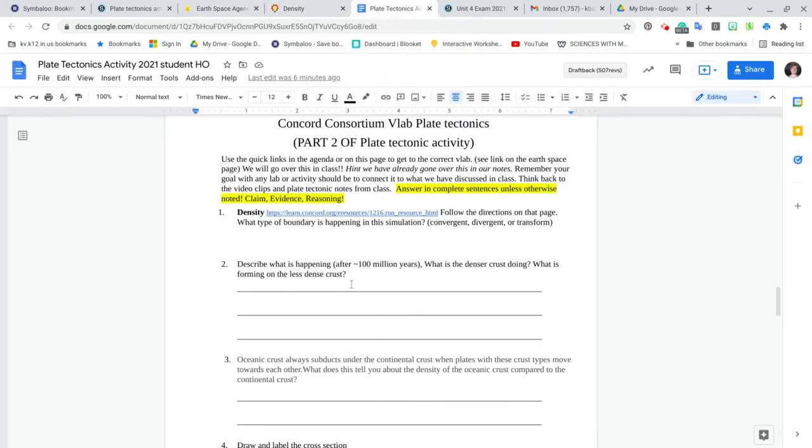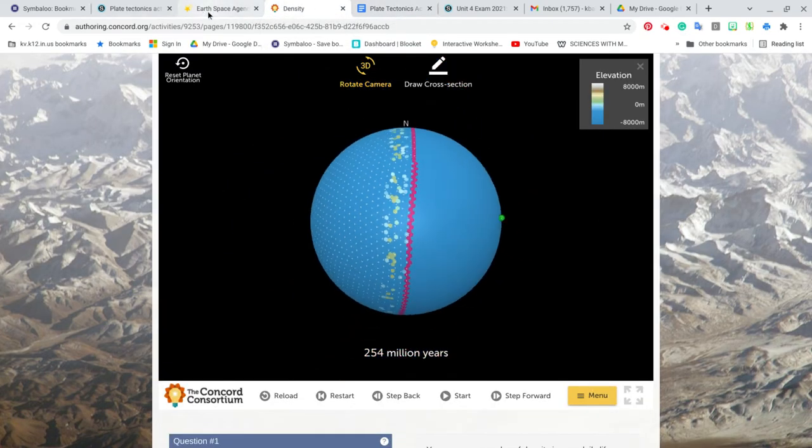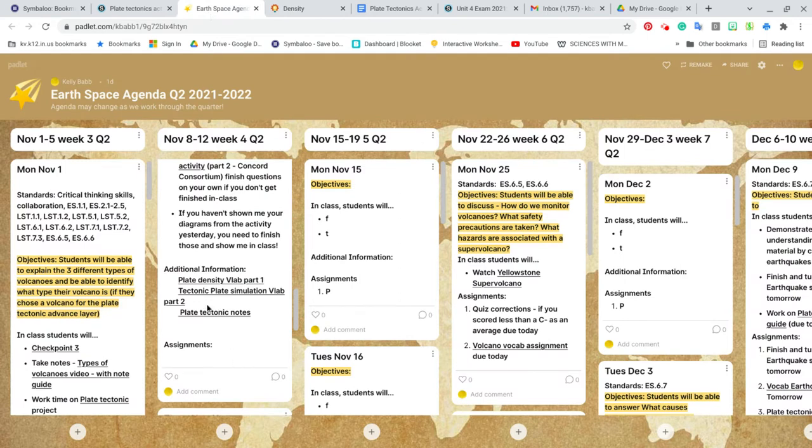Come back to here. It said, describe what's happening after about 100 million years. I let it go twice that. That's fine. What is happening in this simulation? Okay, so we had two things going together. If you don't remember that and it was not written here, I'm going to have to go back to the plate tectonic notes.